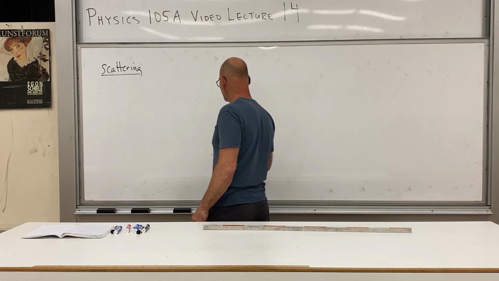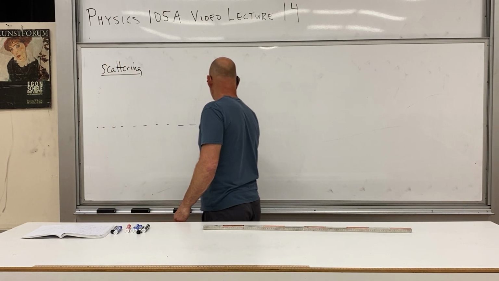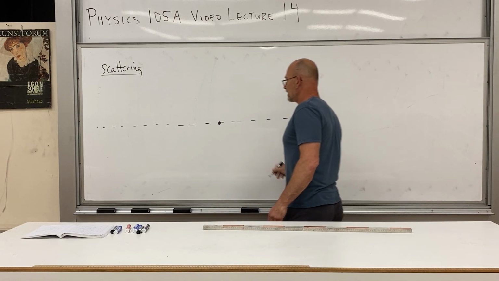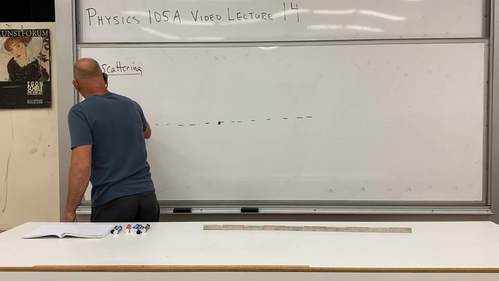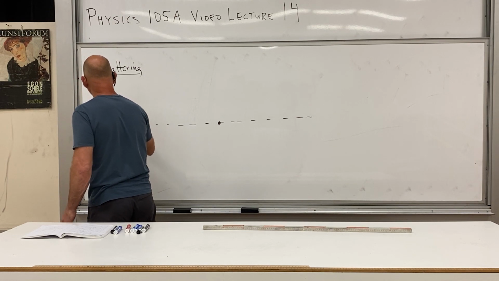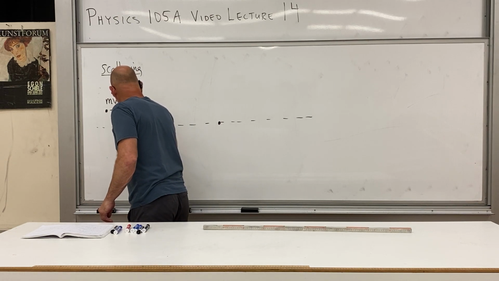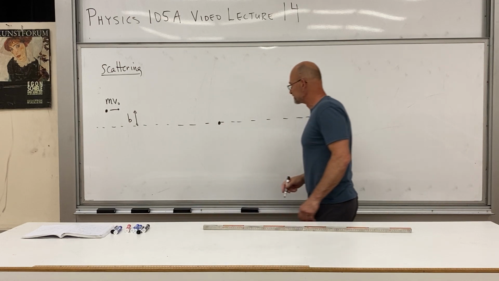There's our center of potential, and I'll do a dotted line. And coming in from infinity, there's a particle here, mv0, coming in from infinity. And it is a distance b above this axis.